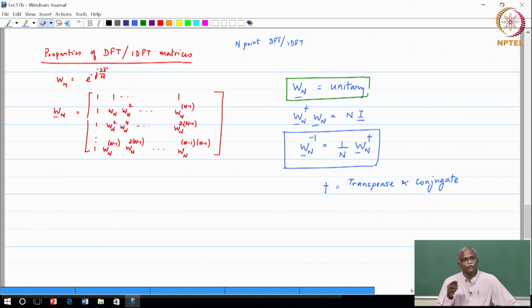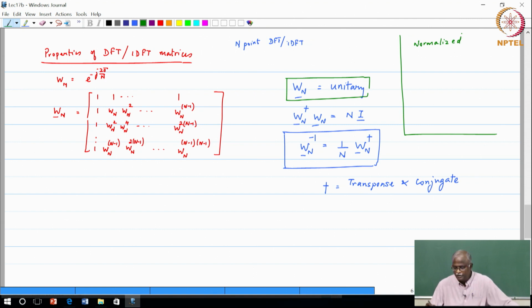There is what we refer to as a normalized form of the DFT matrix. In the normalized form, so that the forward and the inverse transform look similar, we define the forward transformation matrix as 1 over root N times W. So, there is a scale factor of 1 over root N given to normalize the matrix.